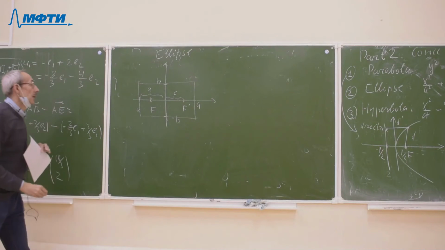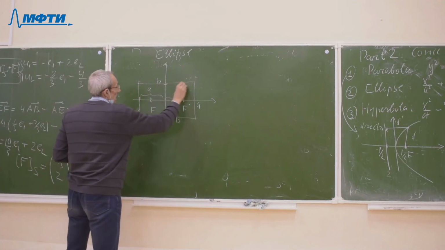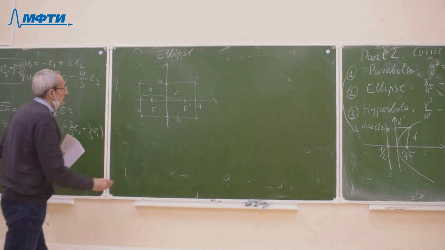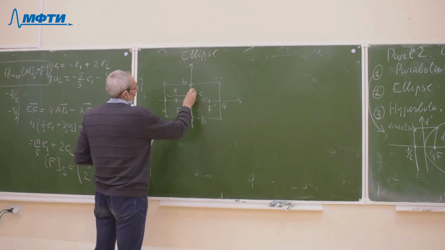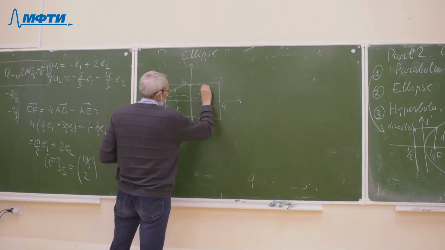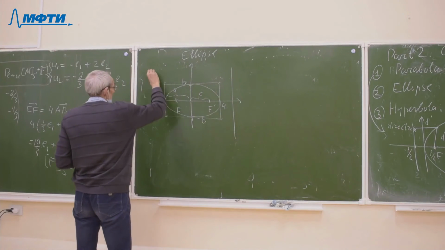And we have the same figure, and the form of the ellipse is the following, and we have two directrices.